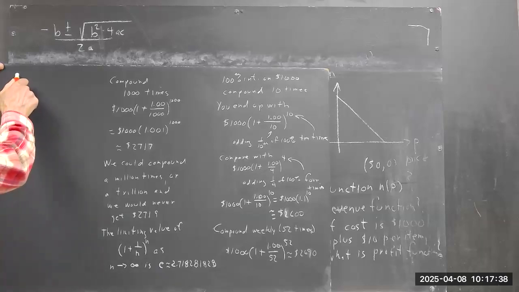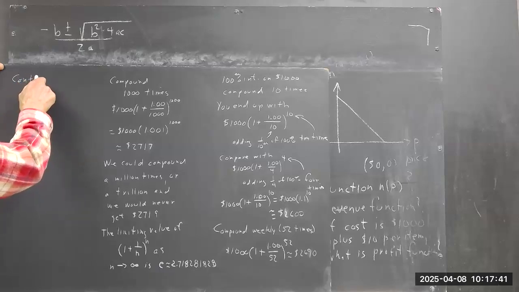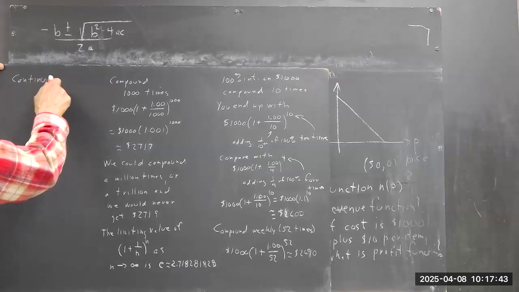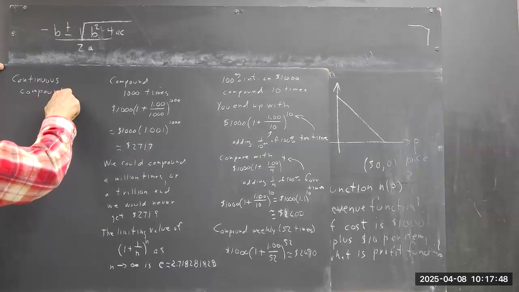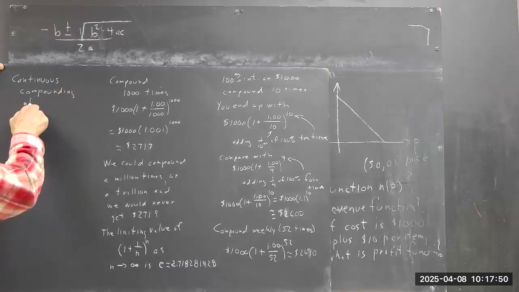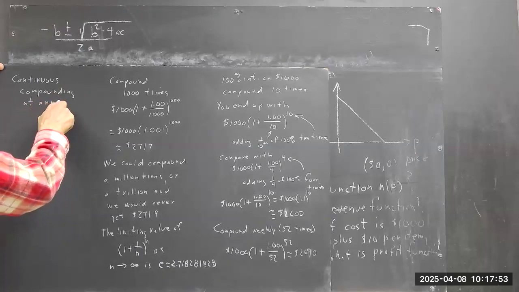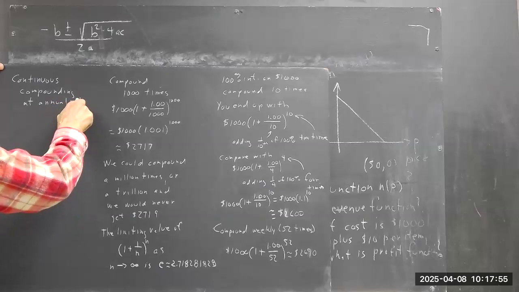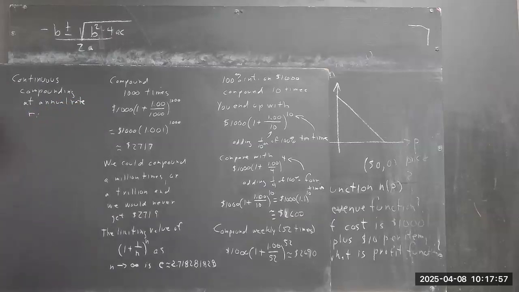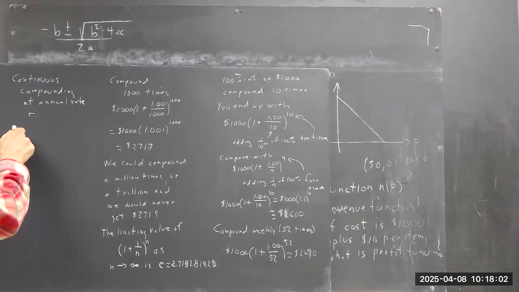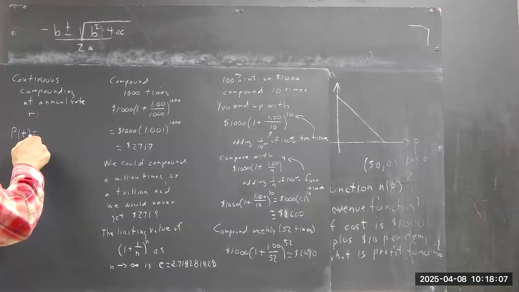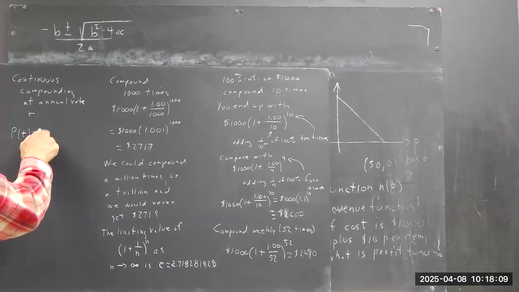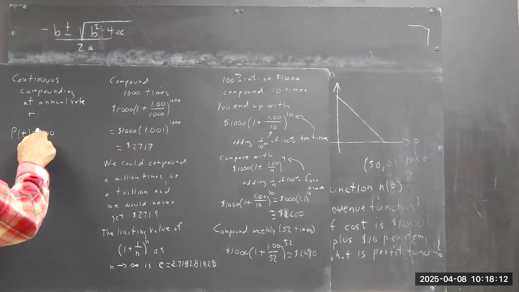So, continuous compounding at annual rate R. We'll stick with $1,000 for a minute.